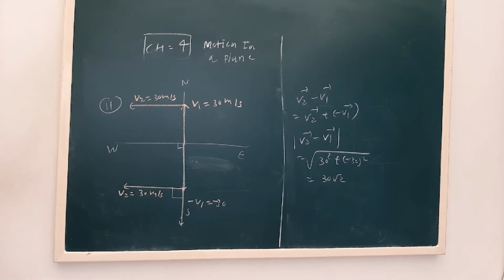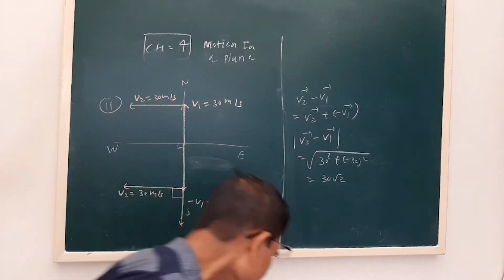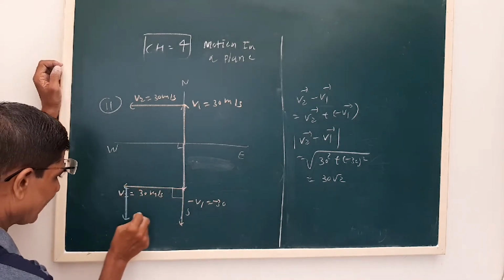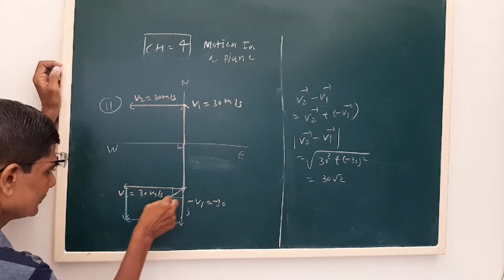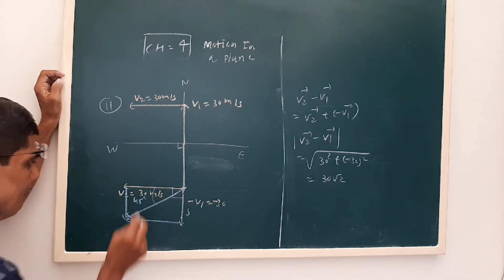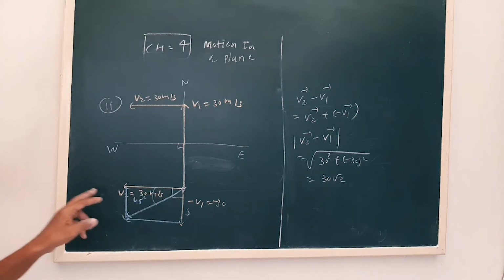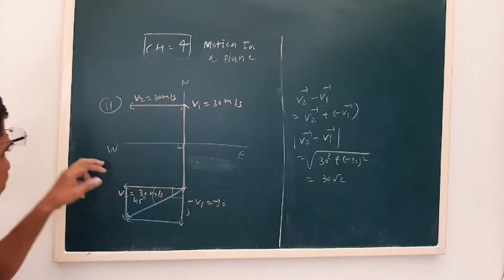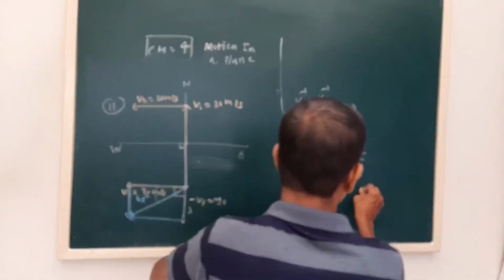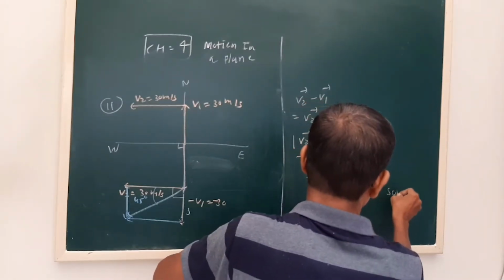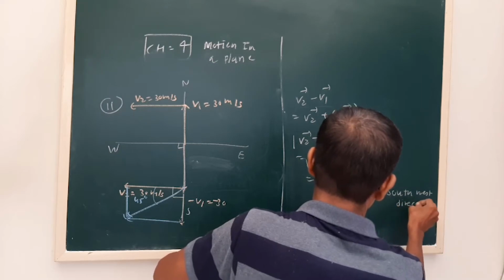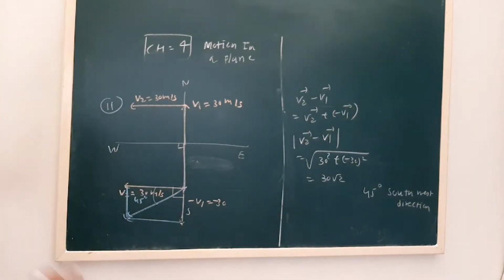These two are equal, and you can use the parallelogram law. So this angle is 45 degrees. The direction is southwest. So the magnitude is 30 root 2 and the direction is 45 degrees, southwest. This is how we can solve.